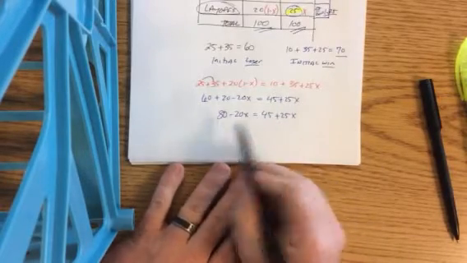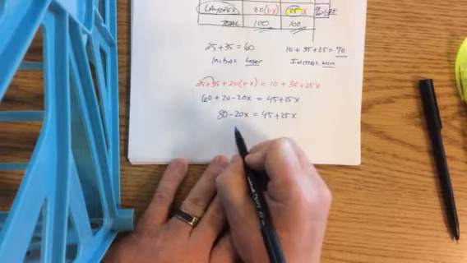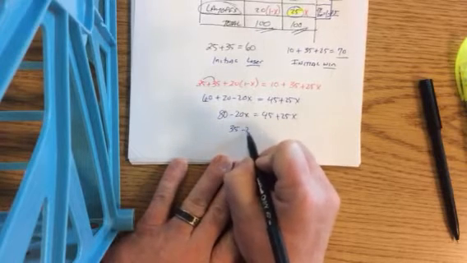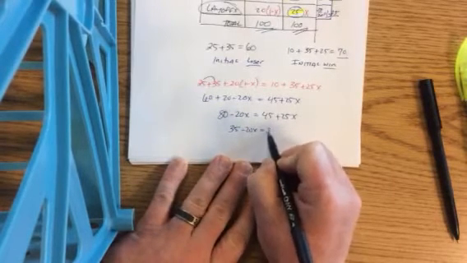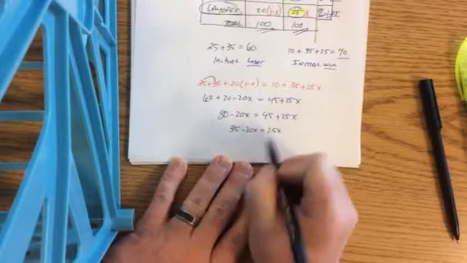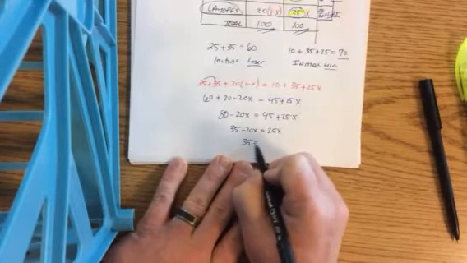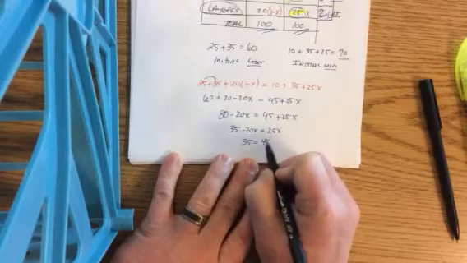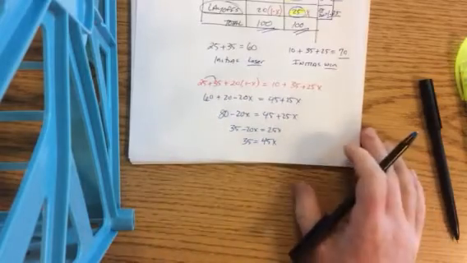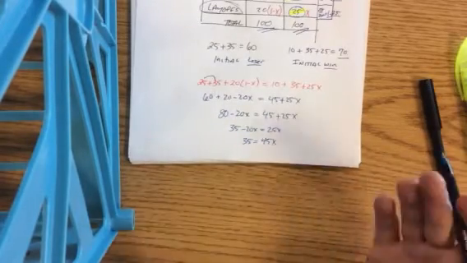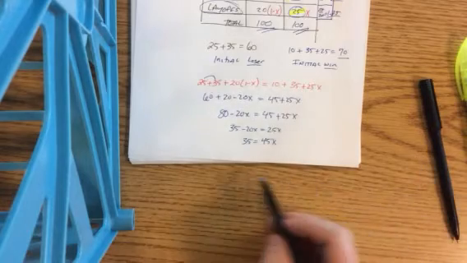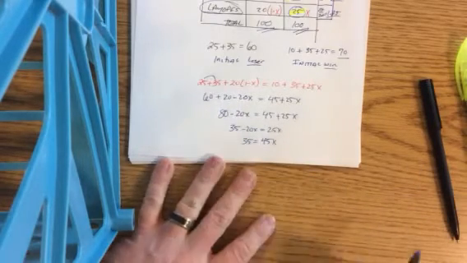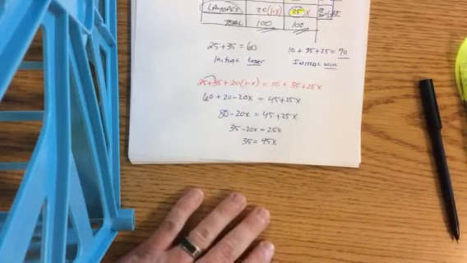Move our 45 over, gives us 35 minus 20X equals 25X. Add 20X to both sides, so we end up with 35 equals 45X. Once again, feel free to stop this at any time so you can go back and look over what we're doing. And then divide both sides by 45.